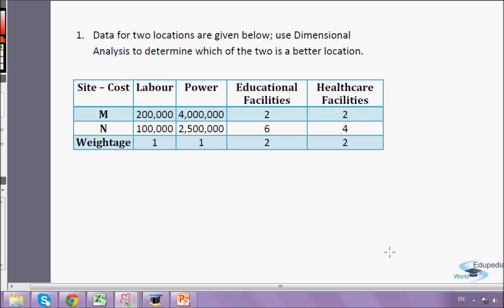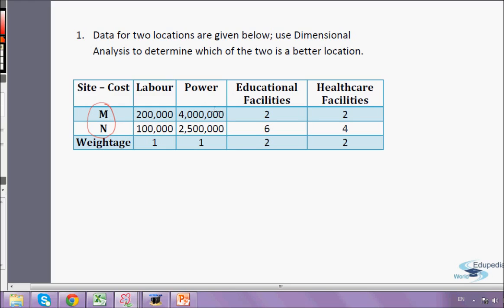Well, here we have a very simple problem, the first one, where we have the data of two locations m and n given to us. We have site m and site n, and the cost values for different factors are given. The cost of labor is given as 200,000 for site m, and for site n it's 100,000.